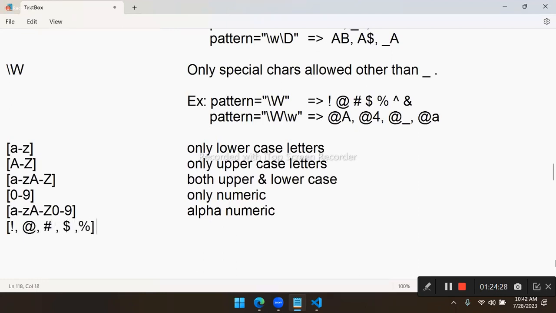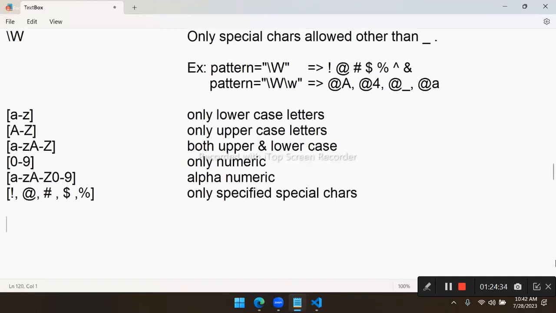So it means only specified special characters. Am I right? Only specified special characters. If I write like this, caret a-z, what does this mean? Excluding the specified range. Am I right?